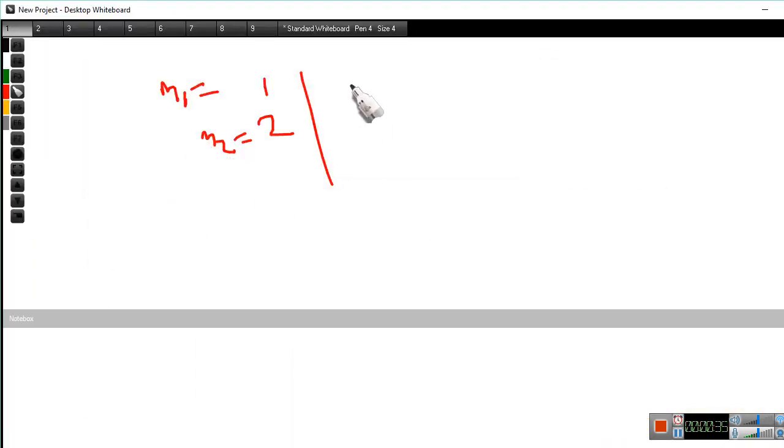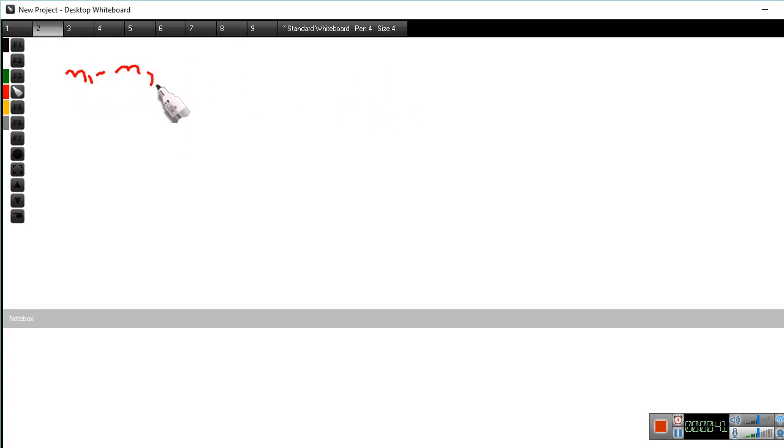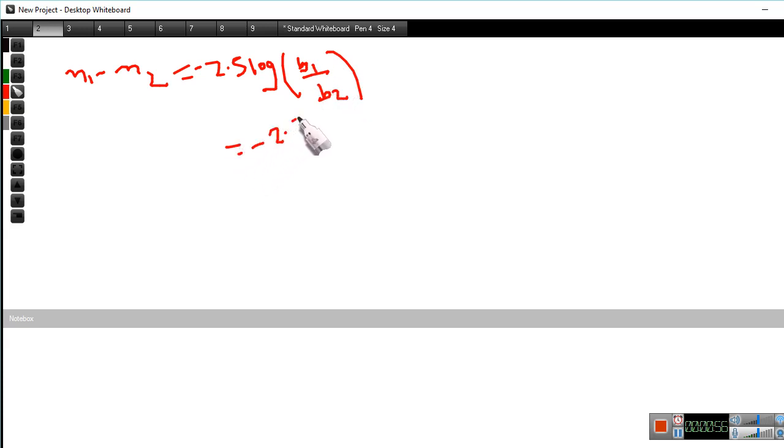So in this scenario, first I'll write the formula, which is m1 minus m2 is equal to minus 2.5 log b1 by b2. I can replace b1 by b2 by the flux density f1 by f2.